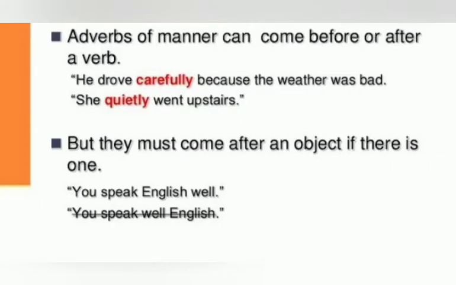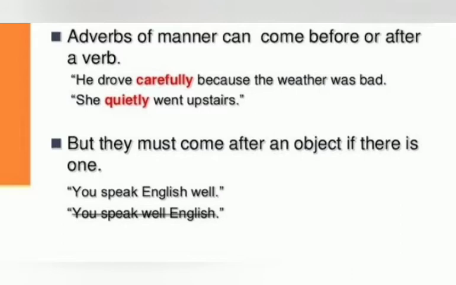Now you have to remember one very important thing when we are learning about adverbs of manner. Now adverbs of manner can come either before or after a verb. Okay, so look at that example below. He drove carefully because the weather was bad.